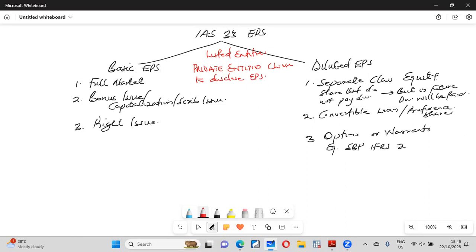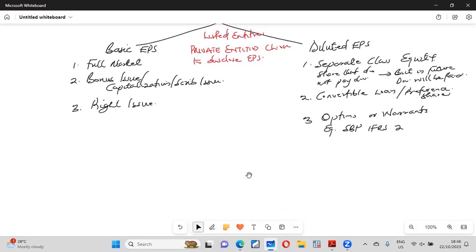All right, so these are the phases of earnings per share. Now, let's begin with the basic earnings per share, then finish off the class with the diluted earnings per share.